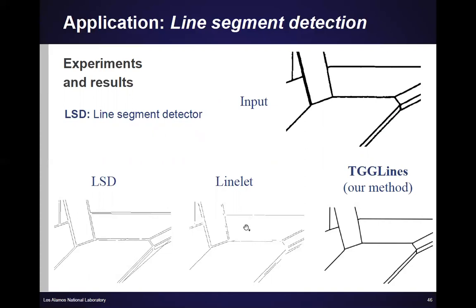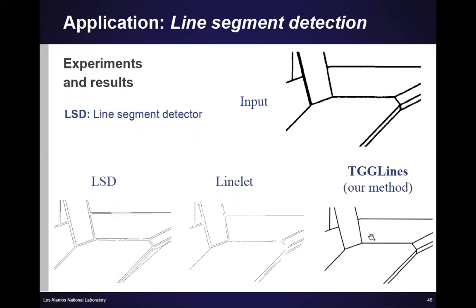For LineLit, the most recent line segment detector published in TPAMI in 2017, you can see it is much worse than LSD. It has more broken line segments, and some line segments are missing, especially in this part. And our TG lines works the best.